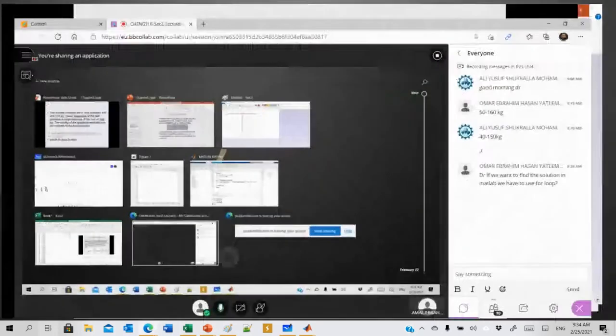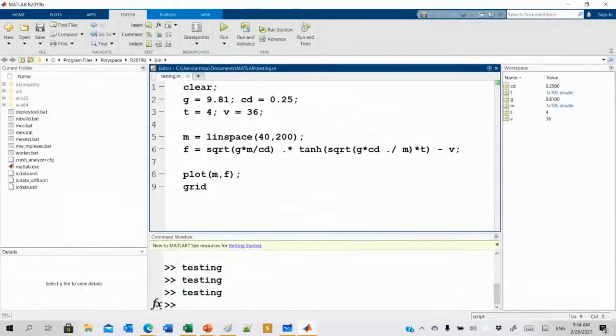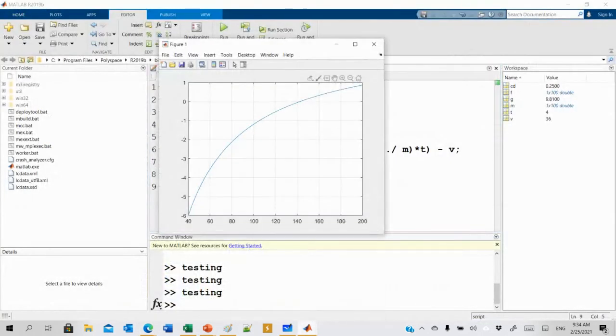Going back to this is not very good. If you want to find the solution in MATLAB, we have to use the loop. No, I didn't use any loop. I have given you the graph here, and then you can see the solution from the plot.